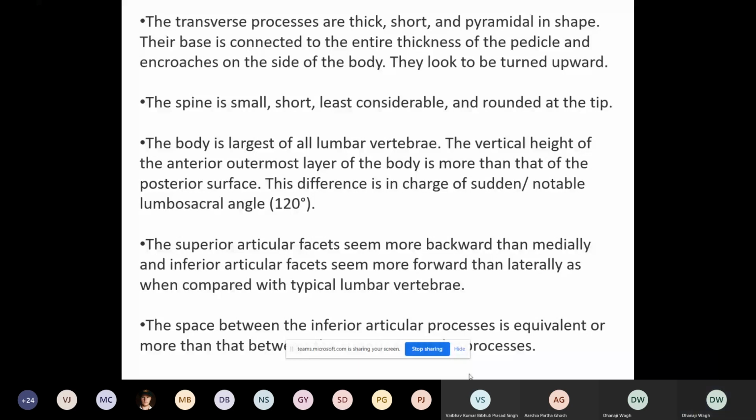About the body, it is the largest of the body. Its height, the outermost part of the body is the posterior surface.